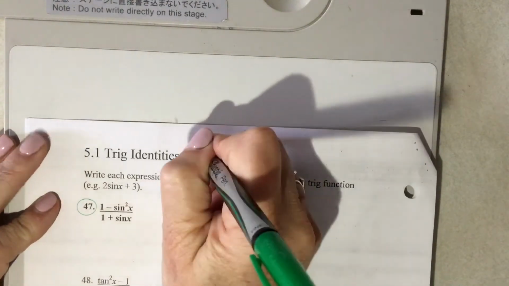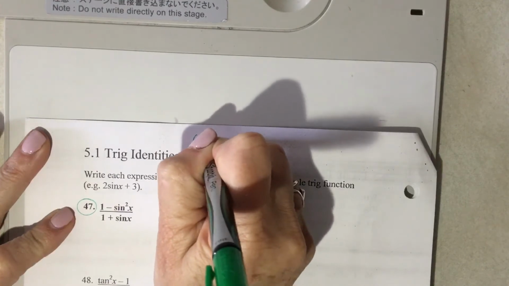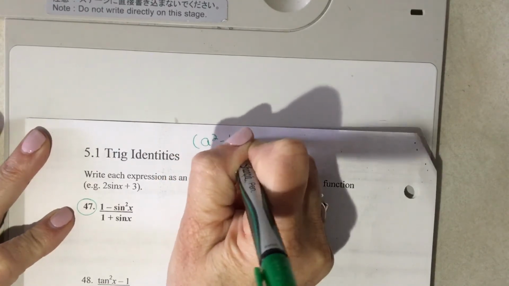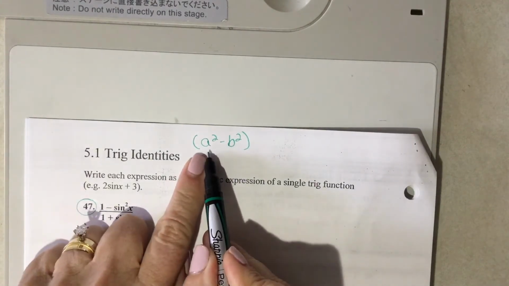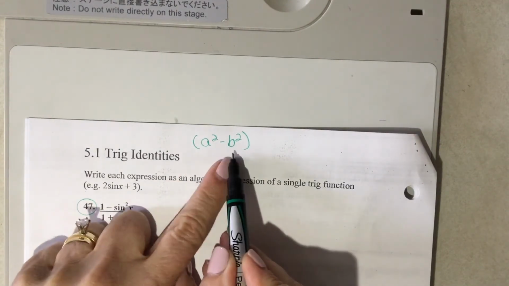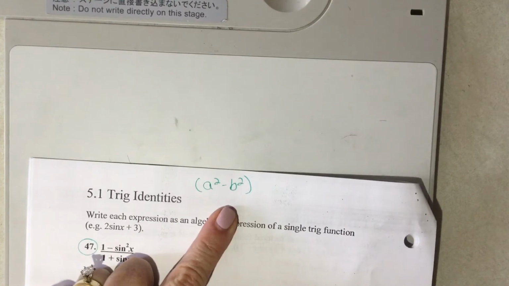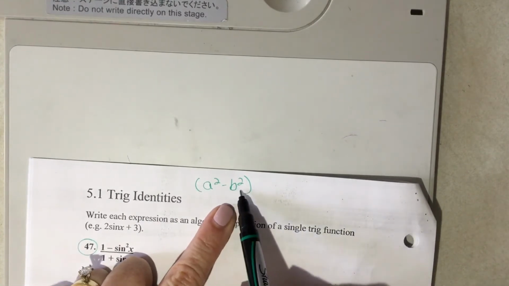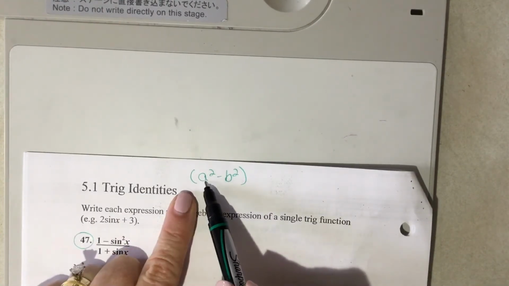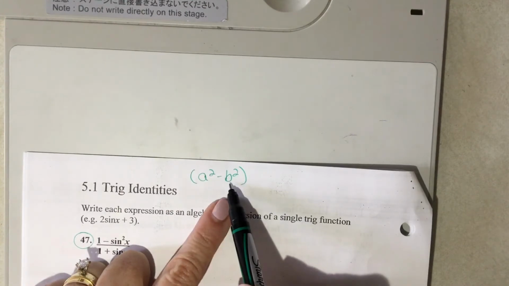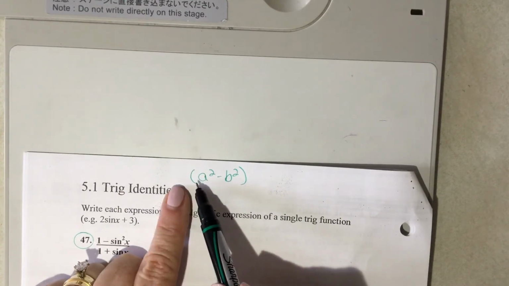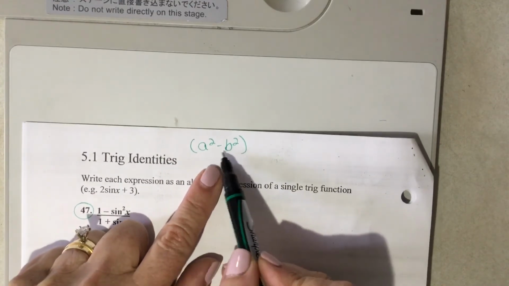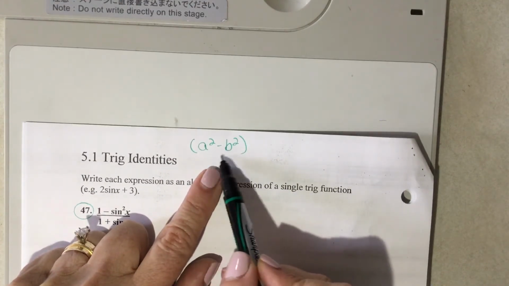If we have, let's say, a squared minus b squared, a first term that's a perfect square and a second term that is a perfect square, and I'm subtracting, that's called a difference of squares.